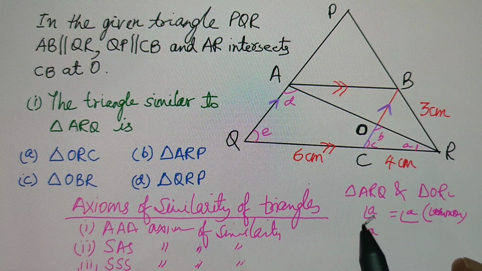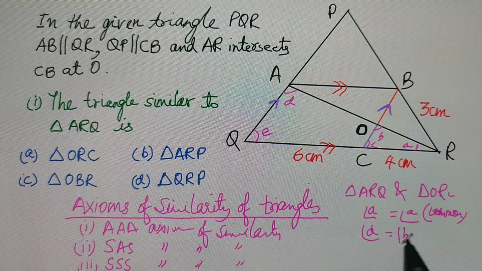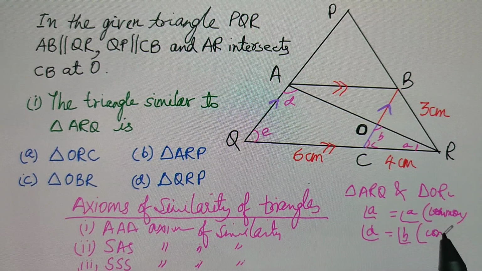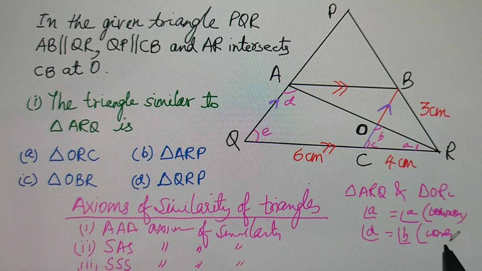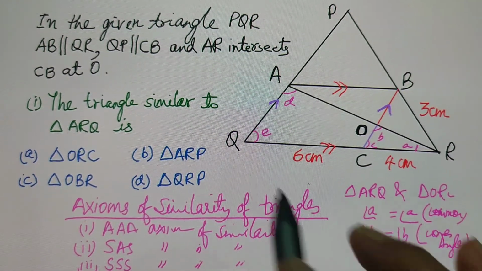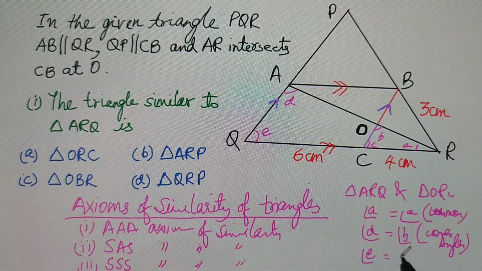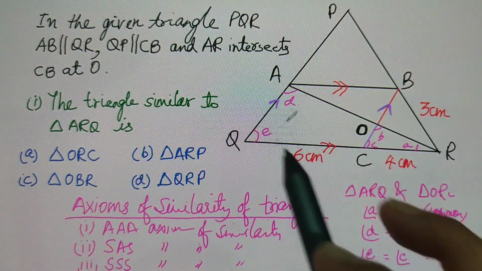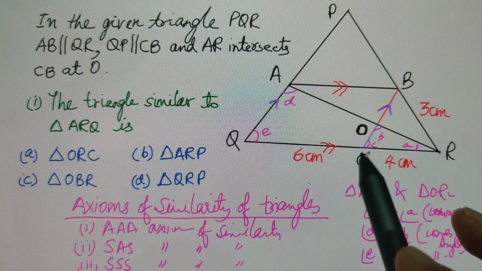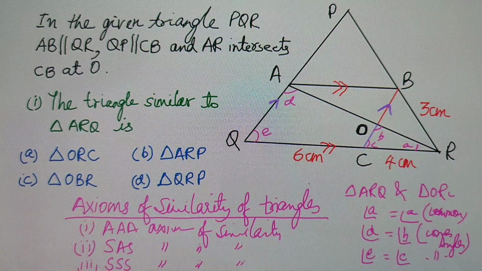Then we have angle D, which is equal to angle B, which are corresponding angles. Similarly, we have angle E, which is equal to angle C. Again, the reason being corresponding angles, because this line CO is parallel to QA.